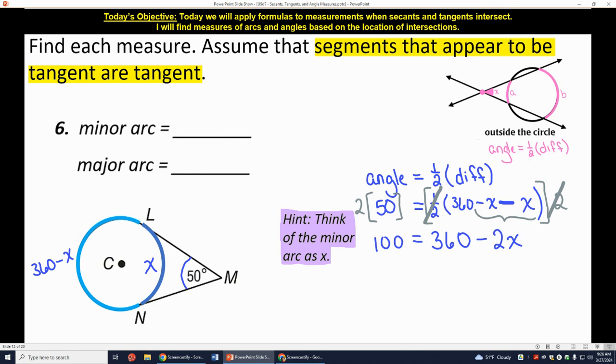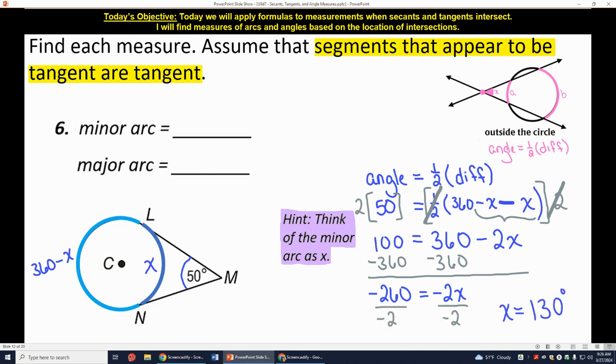From here, I need to get the minus 2x all by itself. I'll use the subtraction property of equality to remove the 360. When I do that, I'm going to get a negative 260 is equal to a negative 2x. Then I can use my division property of equality and divide both sides by negative 2, which is going to give me an x value of 130 degrees.